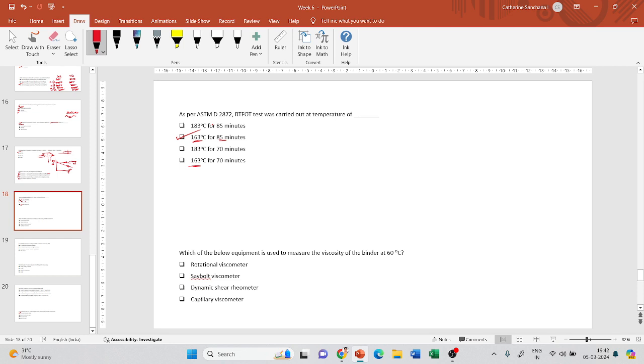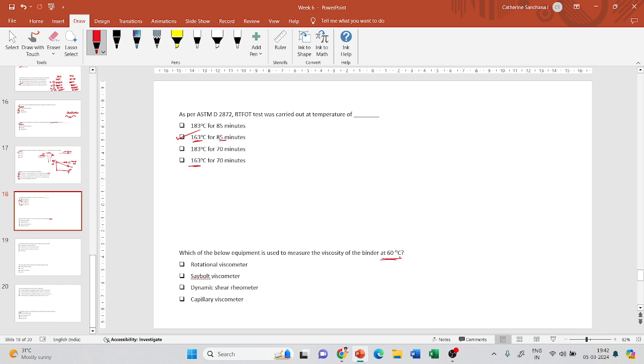Which of the below equipment is used to measure the viscosity of the binder at 60 degrees Celsius? If you see here, at 60 degrees Celsius, you can measure viscosity using a dynamic shear rheometer also, and a rotational viscometer, but there are a few limitations.